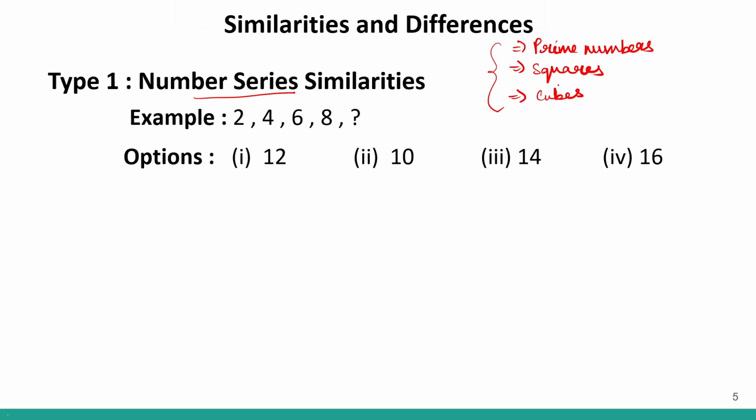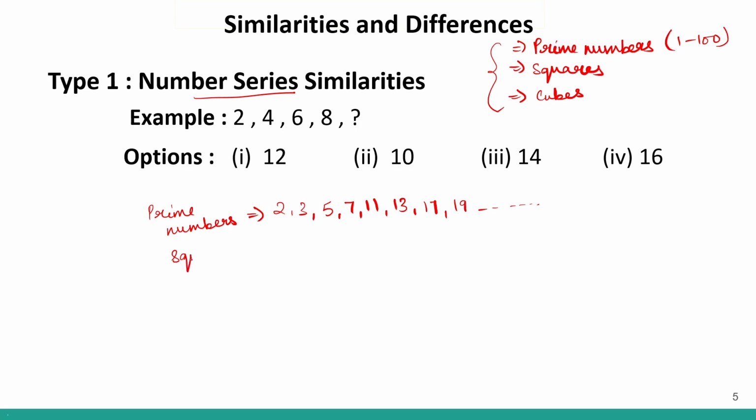Prime numbers are what? At least 1 to 100. So the first prime number is 2, then 3, then 5, then 7, then 11, then 13, then we have 17, 19, and so on. So this you should remember.